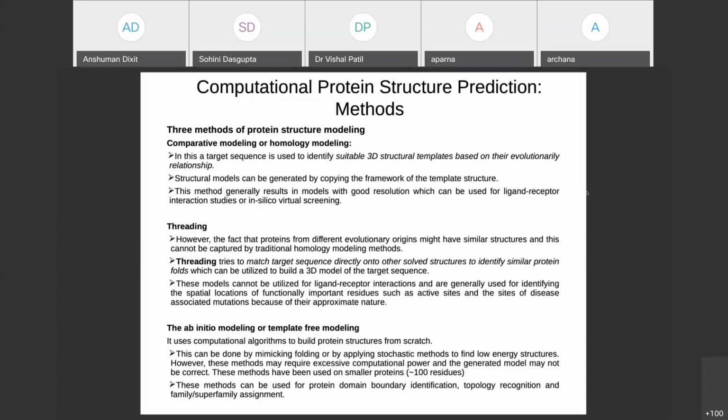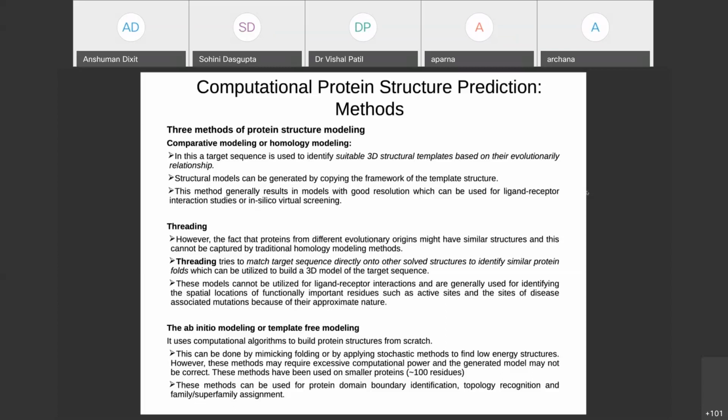So ab initio uses computational algorithms to build protein structure models from scratch, just using the amino acid sequence. It uses the laws of physics and thermodynamics to see if it can create a structure with the least thermodynamic energy.